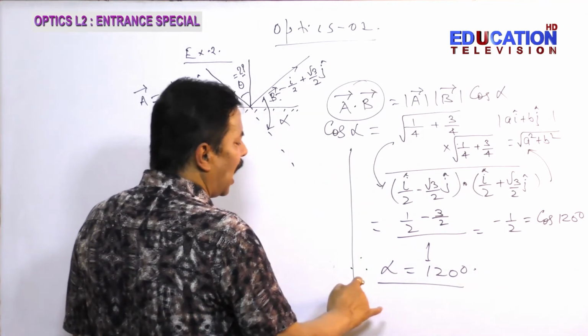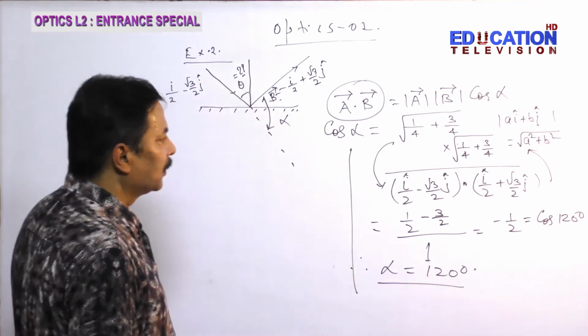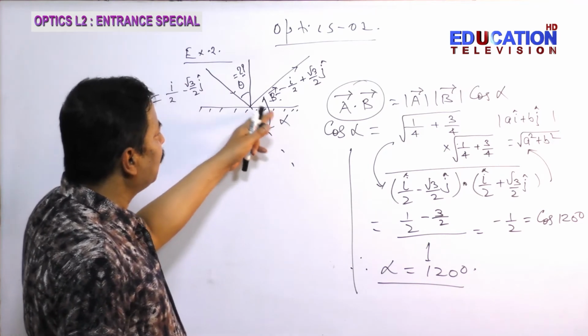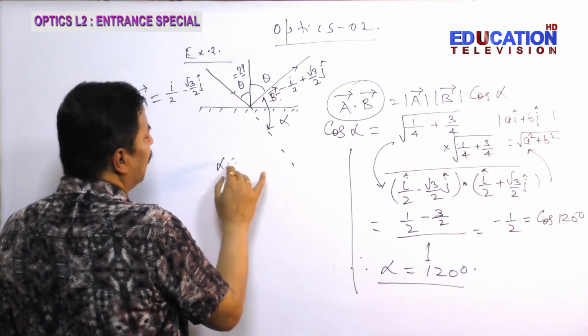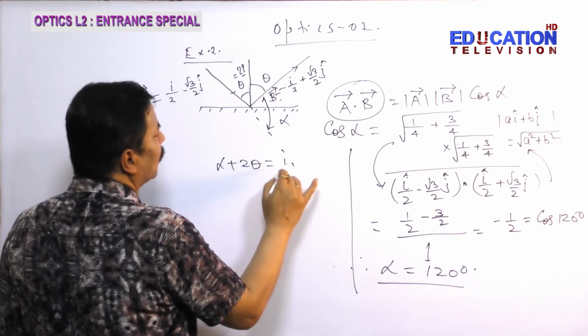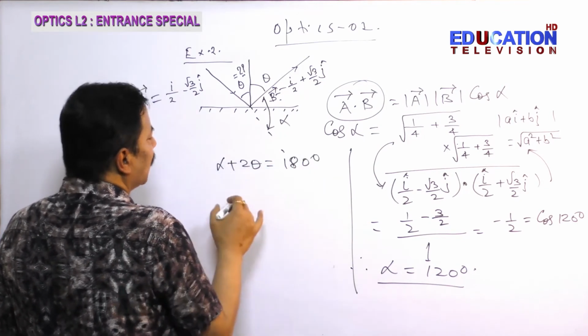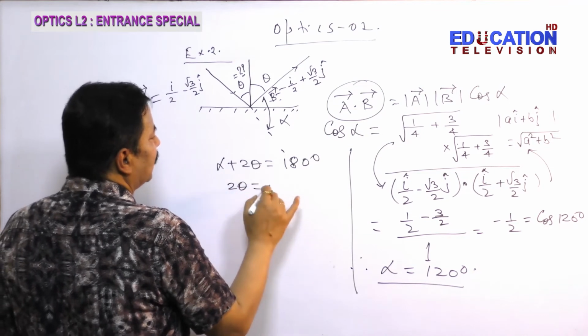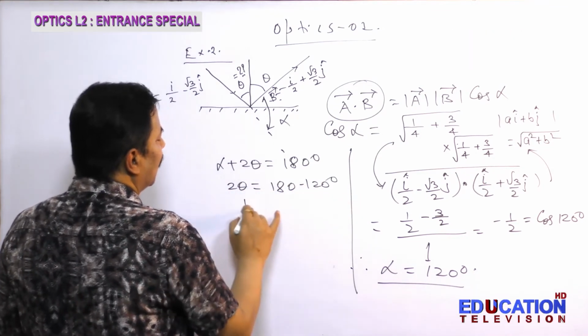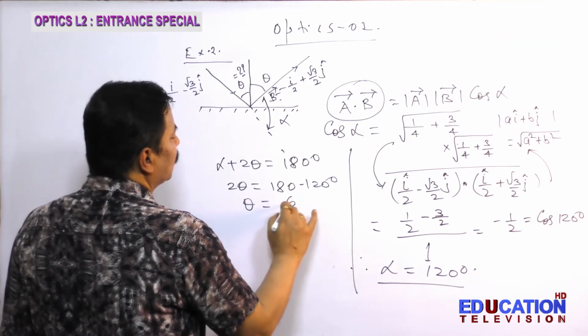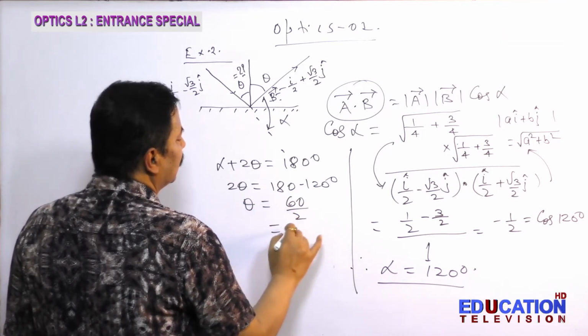But alpha is not our answer. The answer is theta: alpha plus 2 theta equals 180 degree. So 2 theta equals 180 minus 120 degree, that means theta equals 60 by 2, that is 30 degree.